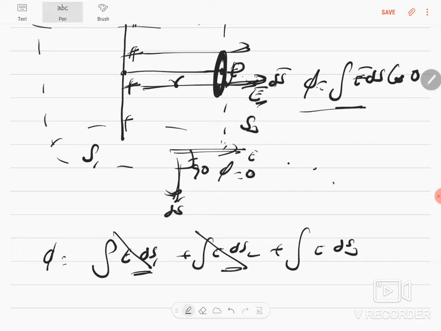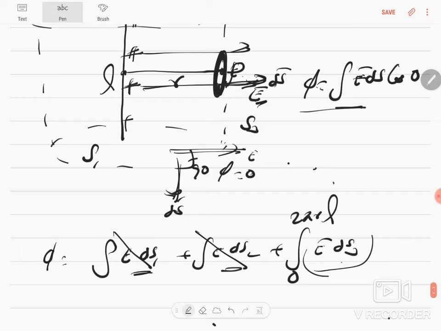So only through this one will you have a flux, because this ds will be integrated from 0 to 2 pi r l. The curved surface area of a cylinder is 2 pi r h; instead of 2 pi r h, we have to put 2 pi r l, because here l becomes the length.